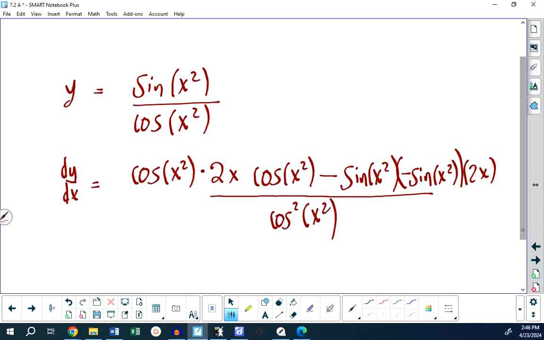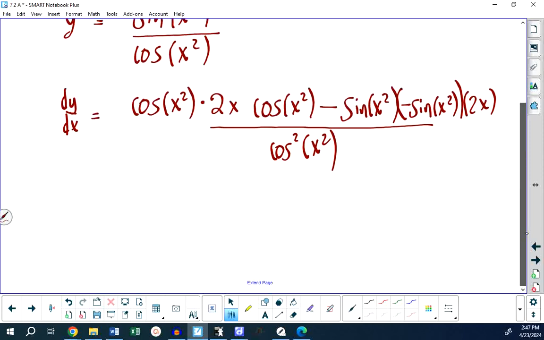And I just want to run through that again. Derivative of the numerator is cos of x squared times 2x times the denominator, which is cos of x squared, minus the numerator, which is sine of x squared, times the derivative of the denominator, which is negative sine of x squared, times 2x over the denominator squared.